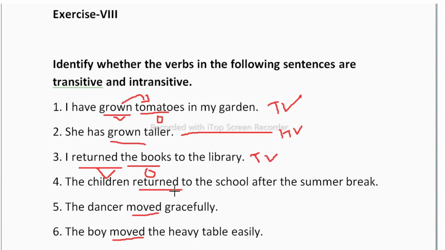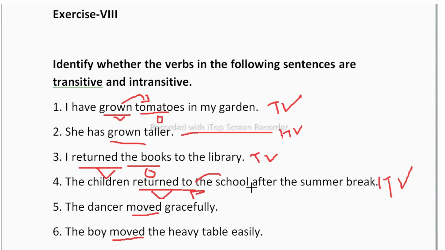The children returned to the school after the summer break. So here as I told you students, after this verb we need object directly, not preposition. So to which is a preposition and this object the school is the object of preposition, not object of this verb. So this is also intransitive verb because after this return we don't have any object and we cannot change this sentence to passive also.